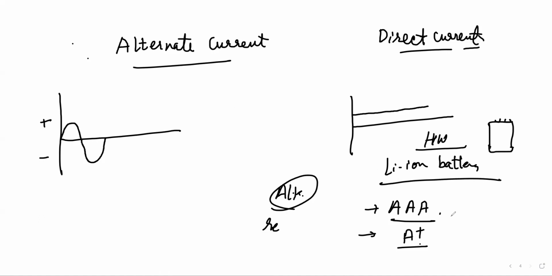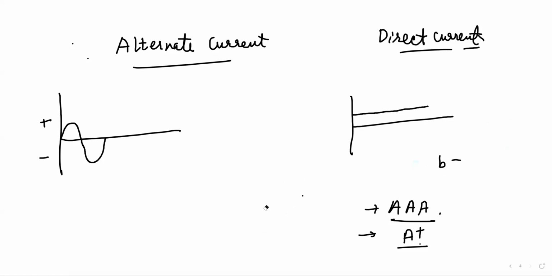Somewhere remote control. So can you explain direct current again? Yeah, we'll go back to direct current. So what happens with direct current? How is it generated, compared to alternate current? First of all, alternate current is generated by turbines in power plants.